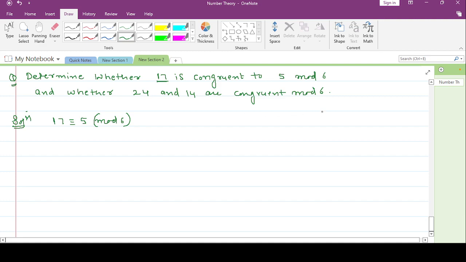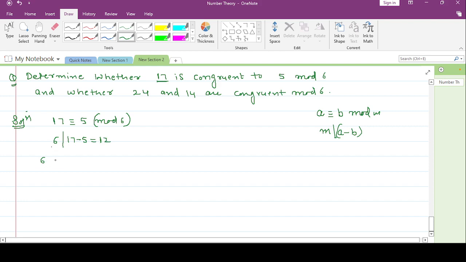When do we say that two numbers are congruent? a is congruent to b modulo m if m divides a minus b. So check whether 6 divides 17 minus 5 or not. 17 minus 5 is what? 12. So 6 clearly divides 12.